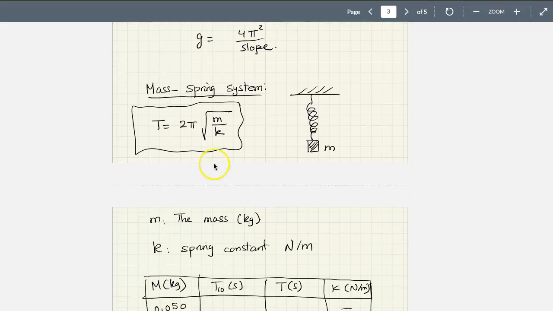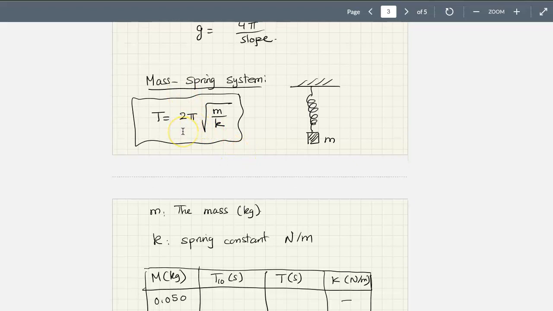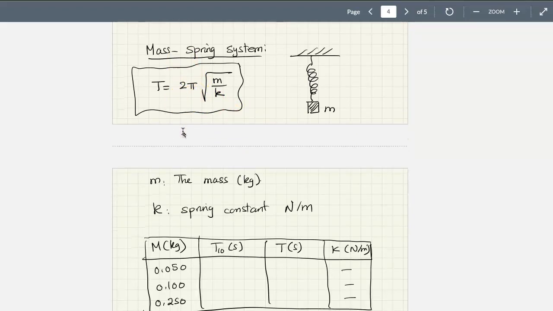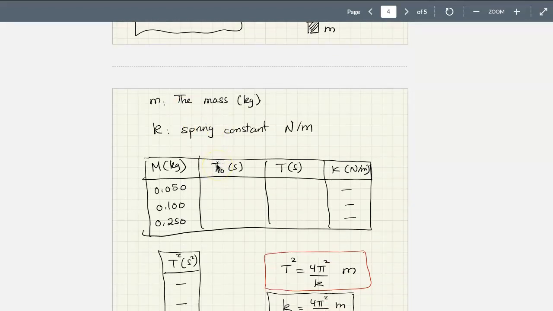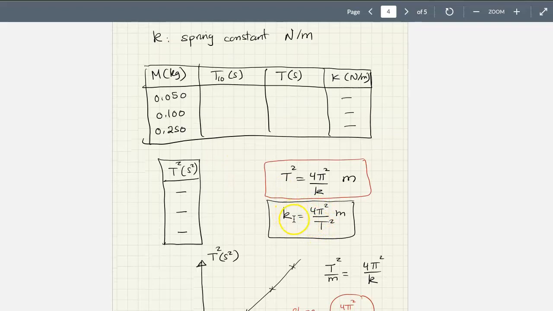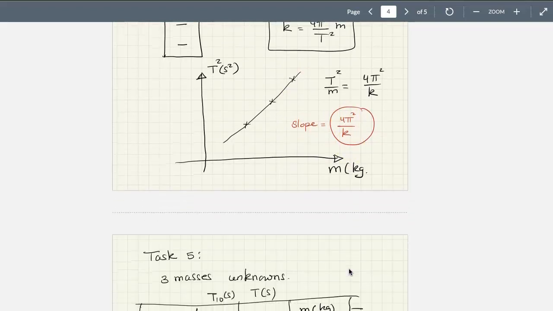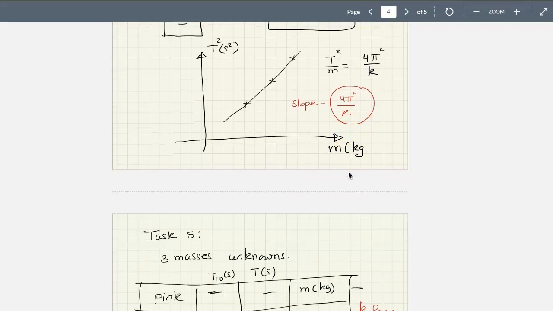Also, I know that for the mass spring system, the relation is, this is what we studied in the lecture, T equals 2 pi square root of m over k, and I can again square and find k from the slope as well. Then you can say that the slope is going to be 4 pi squared over k, and you will calculate k from that.